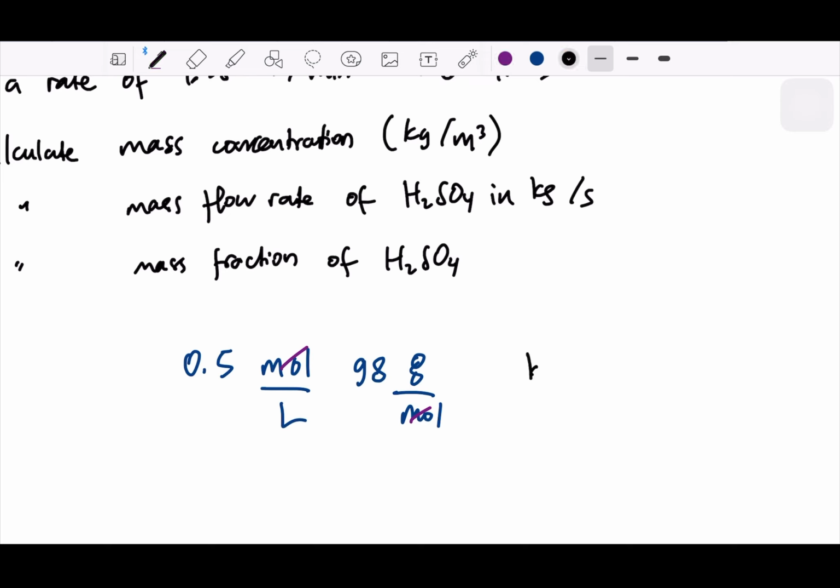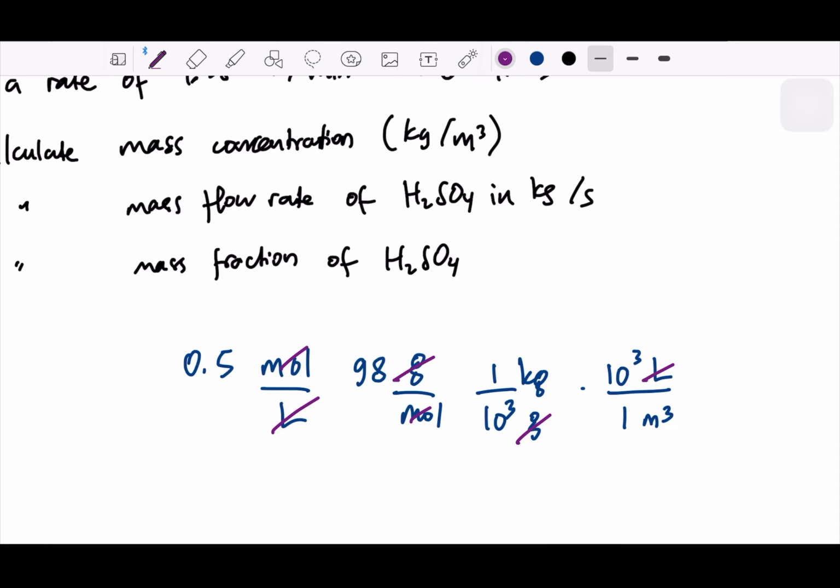We need to divide by 1,000, and then to convert the liter, we multiply because liter is decimeter cube. Now we get that our term is kilogram per meter cube. So whenever you have any calculations in your mind and want to make sure it's correct, look at the units. That's the most essential, as an engineer.